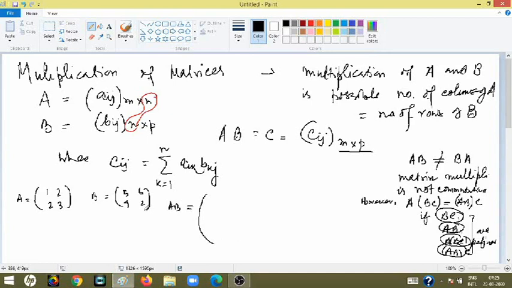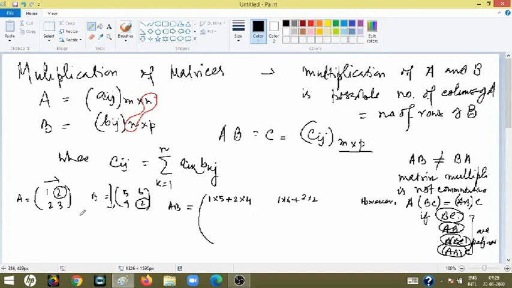AB equals 1 into 5 plus 2 into 6 is the first entry; here is 1 into 4 plus 2 into 2.